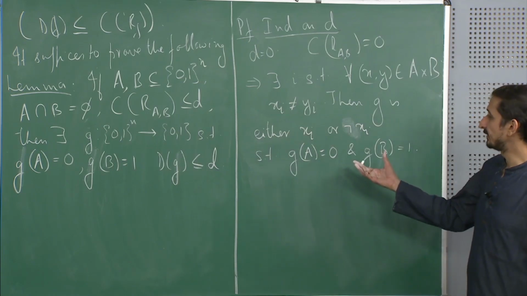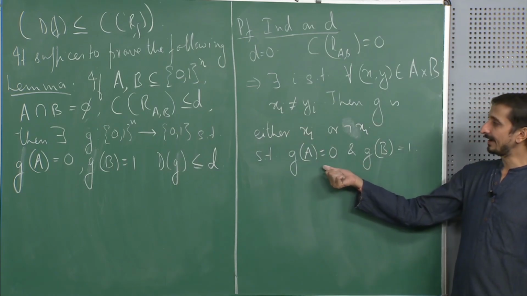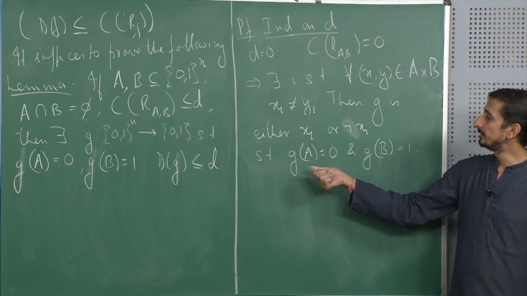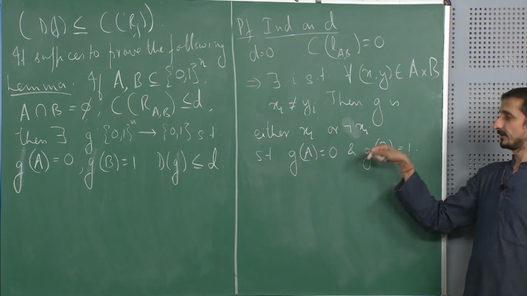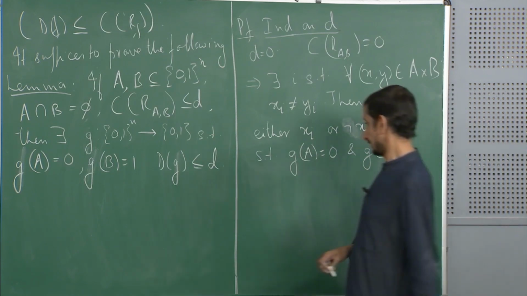Whatever it is, I mean, if the elements in A have it as xi, then it will be xi, and if the elements in A have it as a not of xi, then it will be again not of xi, whatever it is.